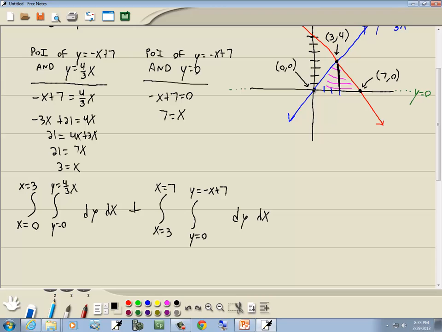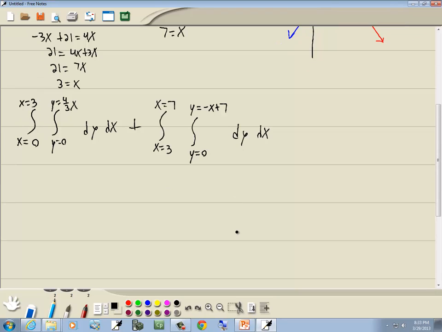And then for the x values, you'd have to solve these for x, and this one's further to the left, so it's a smaller, and this is one further to the right, so it's a larger. So you'd have from x equals this to x equals this, which instead of having two separate integrals like this, you'd have one. But anyway, I set it up this way, so I'm going to go and work this.